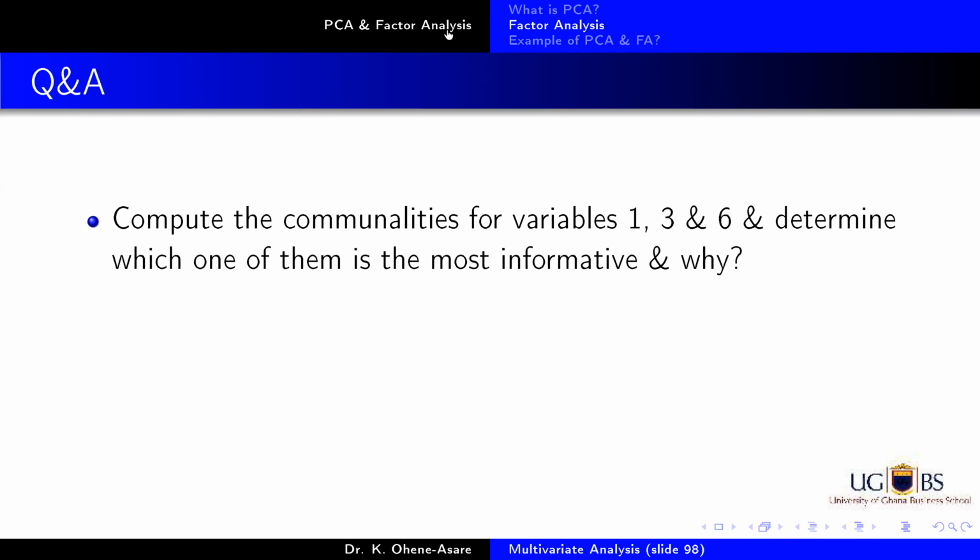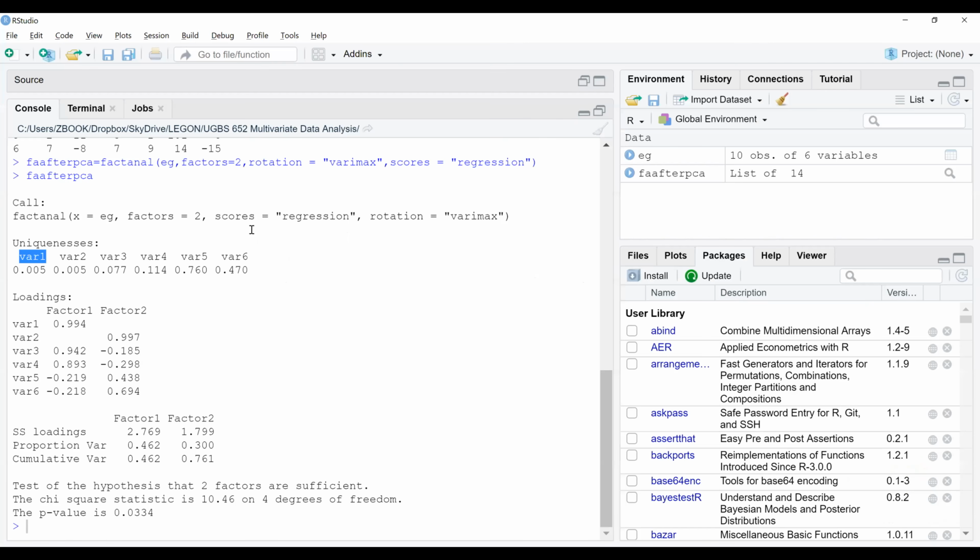Let's go back to the R. You see, it didn't ask you to find the uniqueness, because the uniqueness has been given. So it's now asking you to compute the communalities for variables 1, 3, and 6. I want you to compute each one of them for me and tell me which one is the most informative and why you say so.